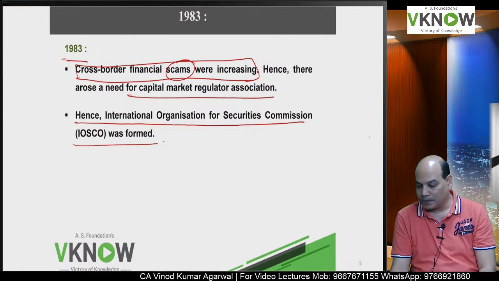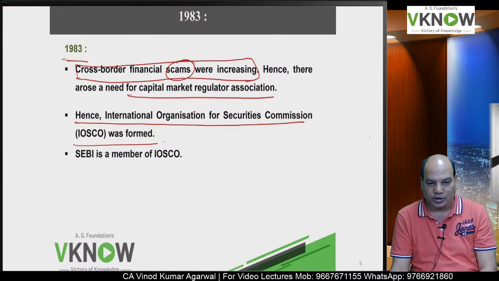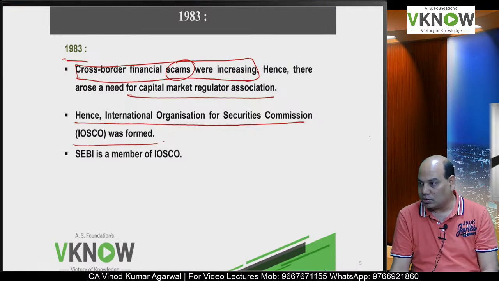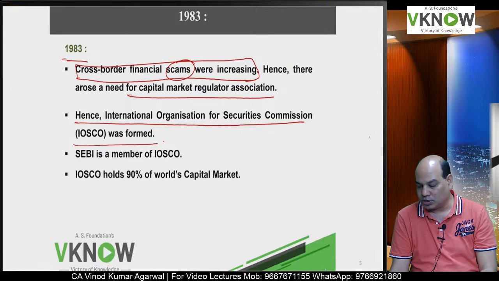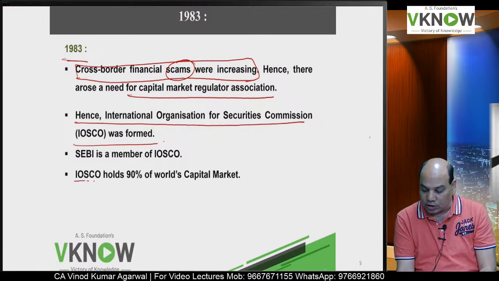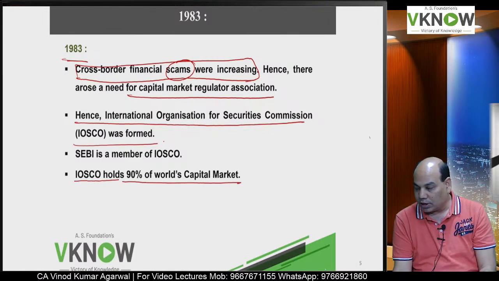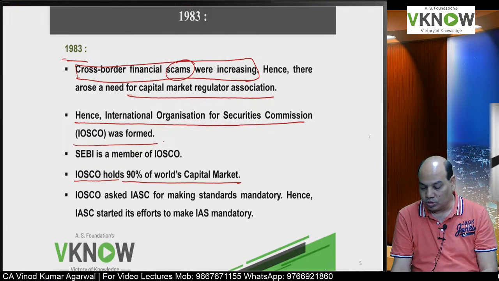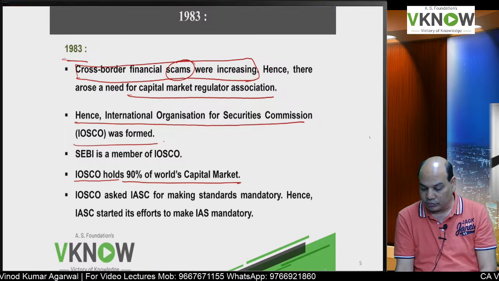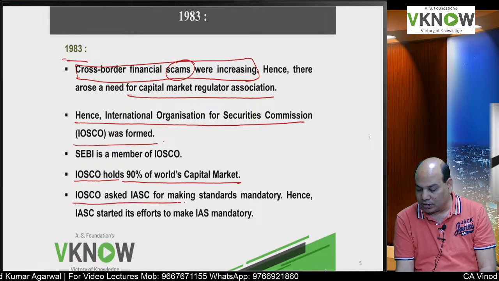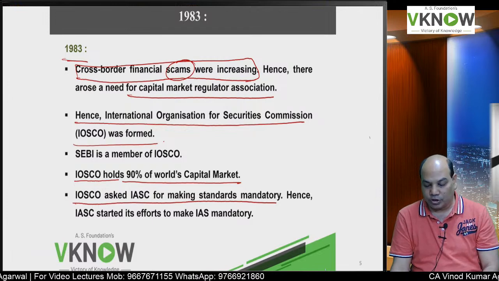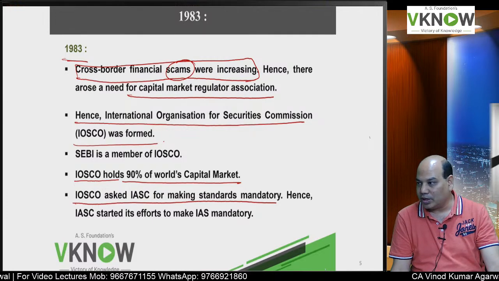IOSCO was formed. You don't have to remember any of this. I am just giving you the background. SEBI is also a member of IOSCO. This IOSCO has almost 90% of the world's regulators as members. So you can understand the importance of this. IOSCO asked IASC to make standards mandatory. So in 1970 it was recommendatory.